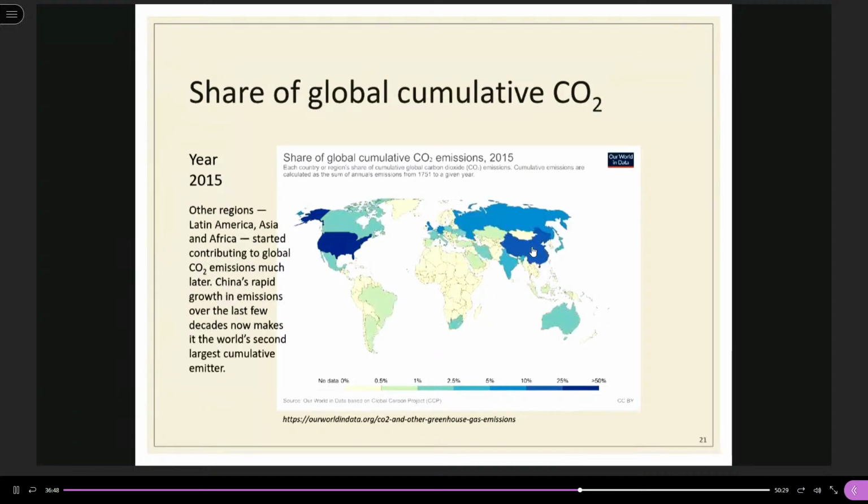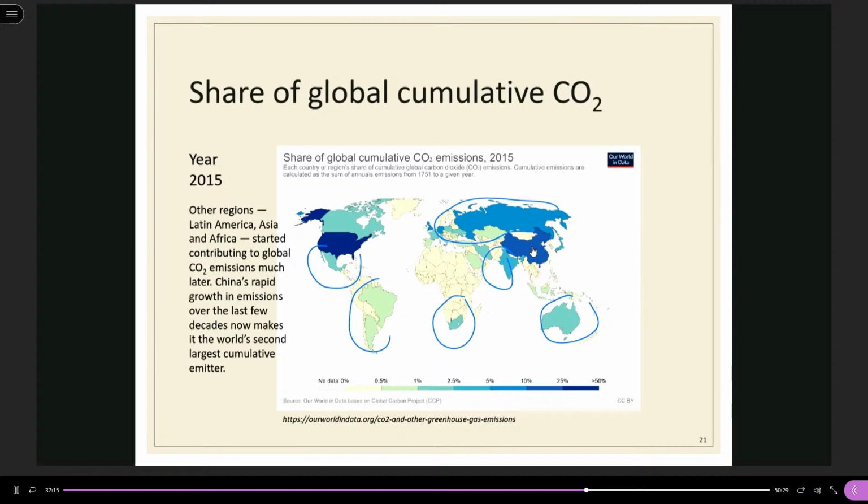And then recently, other regions like Latin America, Asia, and Africa started contributing to global carbon dioxide emission much later. Okay, and Australia, Africa, India, Russia, and also China.